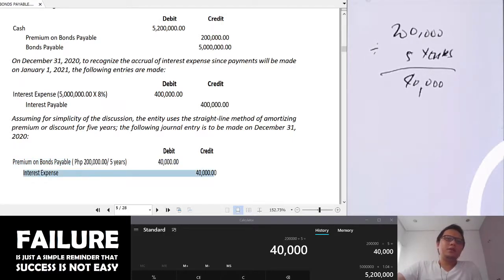The credit of that, basically, based on our previous discussion, any effect of amortization for discount or premium basically would go to the interest expense. So, in amortizing a premium, di ba, again, based on our previous discussion, the effect of premiums, basically, it is a deduction to our interest expense.